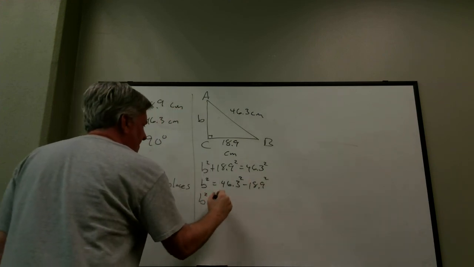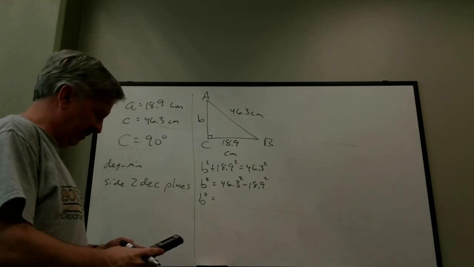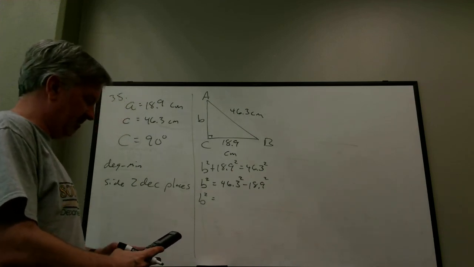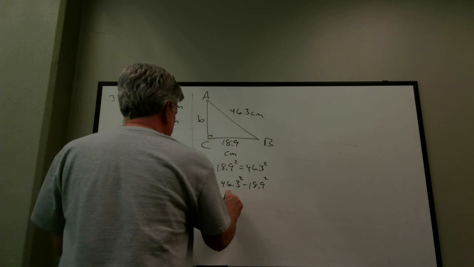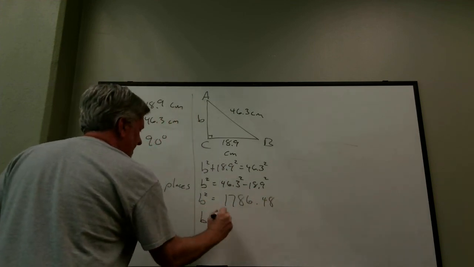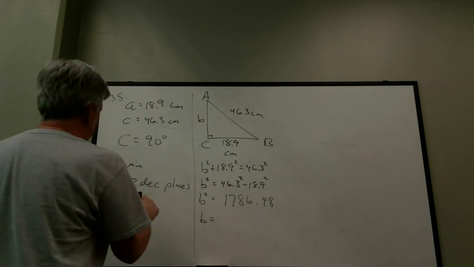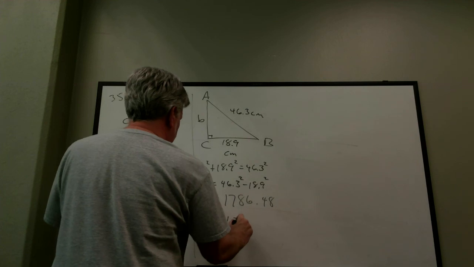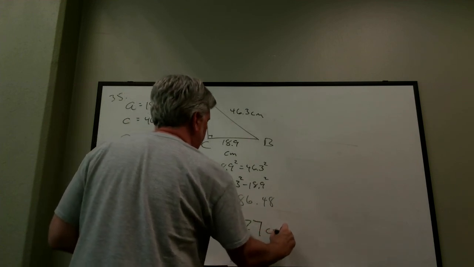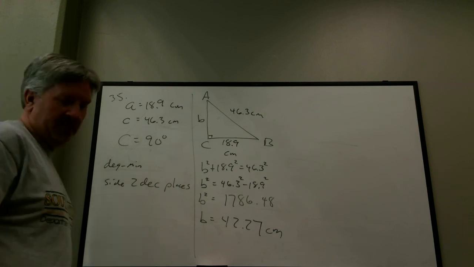Okay, now I think I'll type that in. 46.3 squared minus 18.9 squared is 1786.48. And now to solve for b, I need the square root. Positive square root, it is said to do 2 decimal places, so 42.27 if I go to 2 places. 42.27.